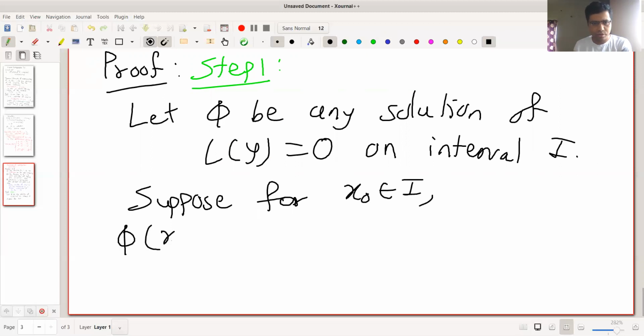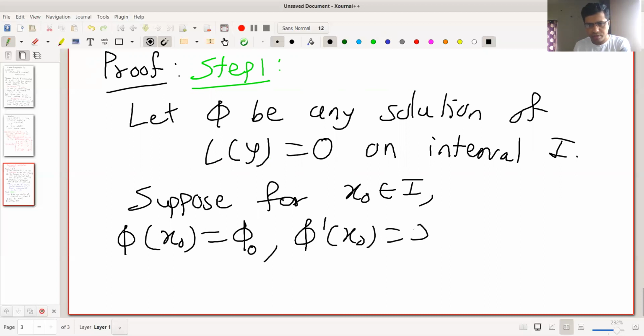phi of x naught is some constant phi naught, phi dash x naught is phi 1, and so on. The n minus 1 order derivative of phi at x naught equals phi suffix n minus 1.